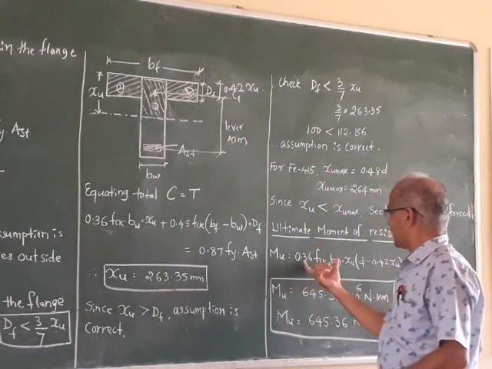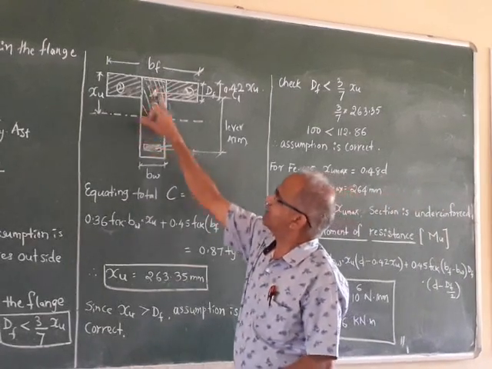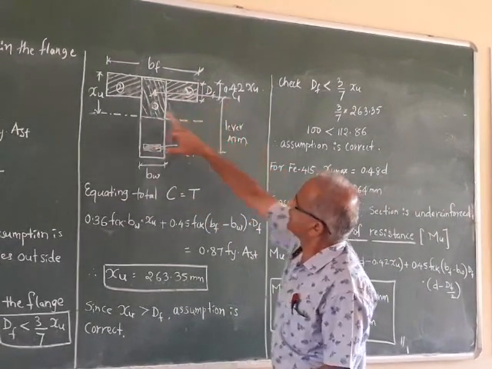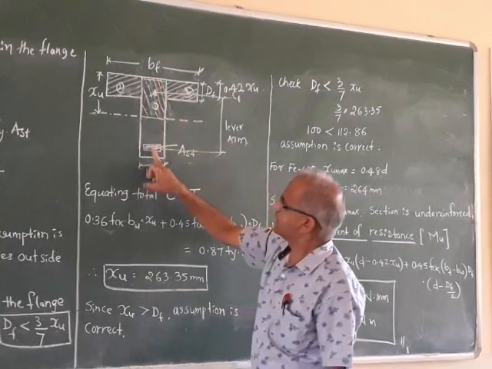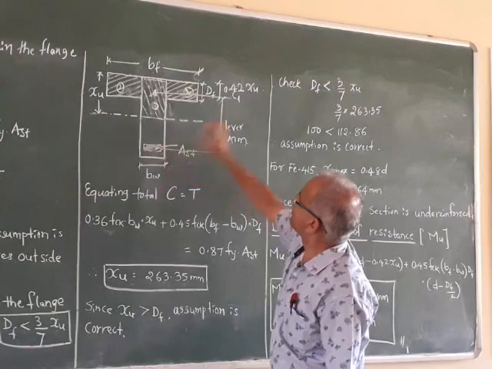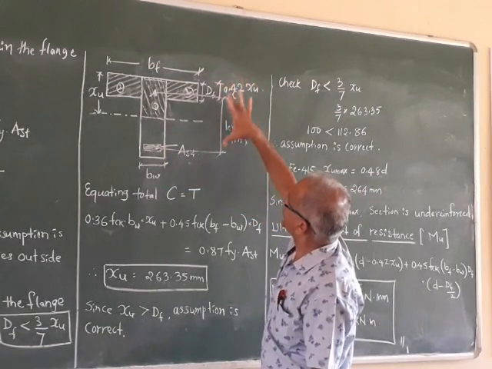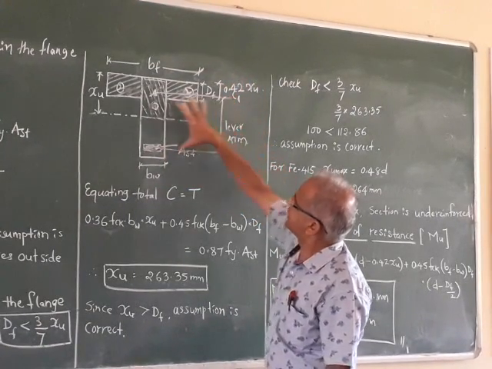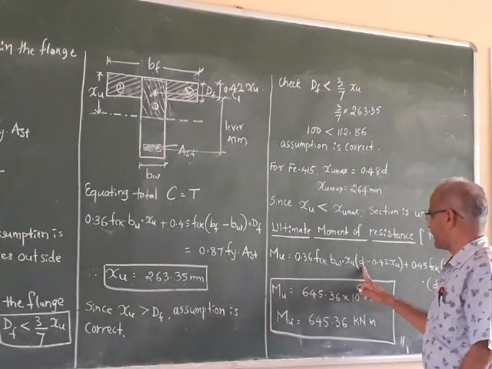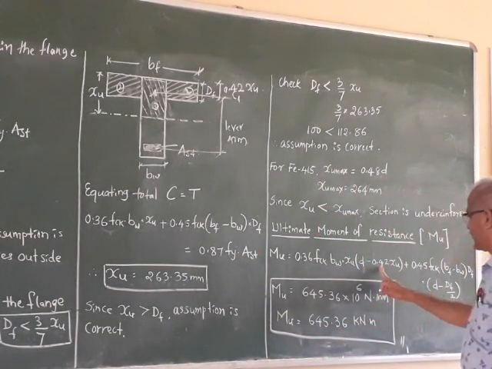So when you take C1 into this distance, from here to this center is small d. So d minus 0.42 XU will give the distance between these two forces. That we have written here, d minus 0.42 XU.